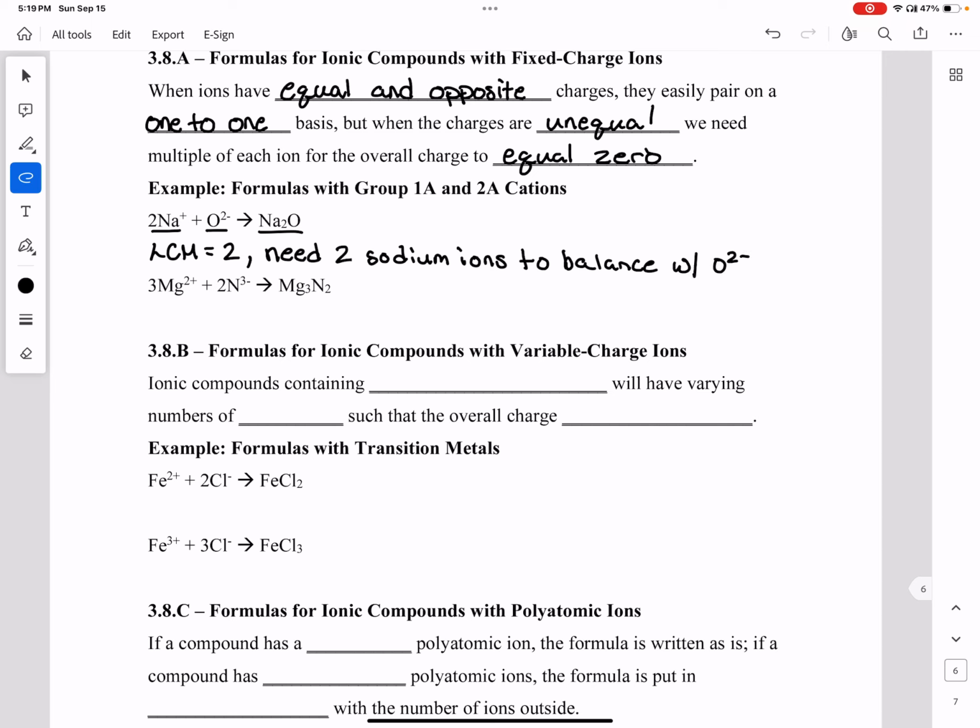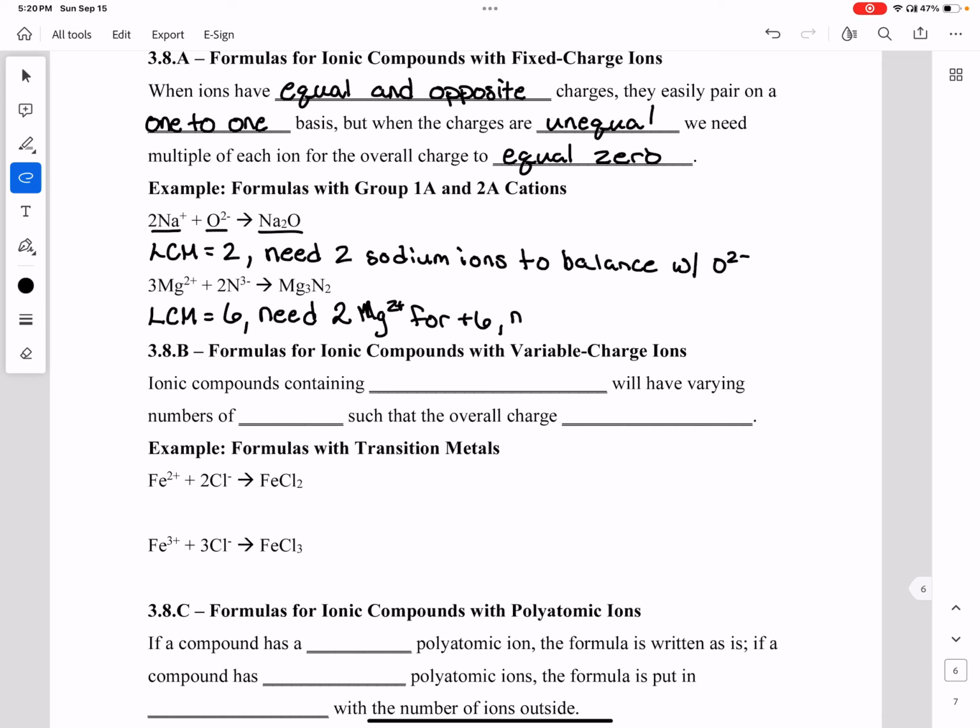Okay. On the next example, we have three magnesium 2 plus ions and two nitride 3 minus ions. My least common multiple between 2 and 3 is 6. So I need 3 Mg2 plus to make plus 6.